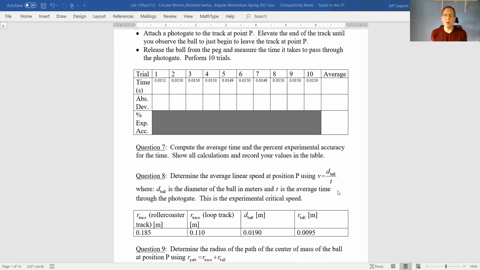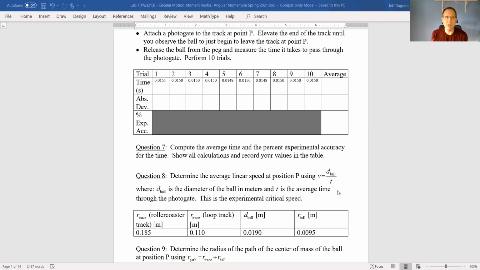This is similar to what we did way back, in particular the ball drop experiment, when we measured the acceleration due to gravity. We had to measure the velocity of the ball at photo gate A and the velocity at photo gate B. To do that, we used the fact that the average velocity is displacement divided by time.